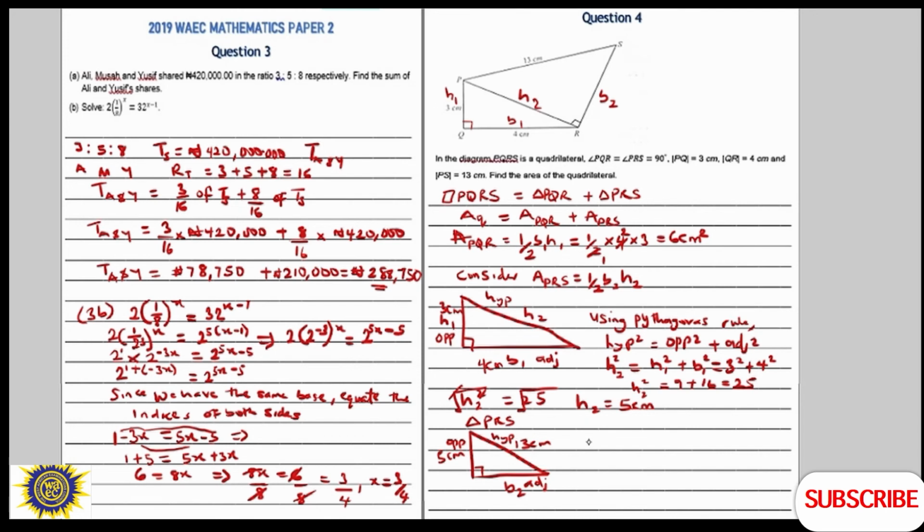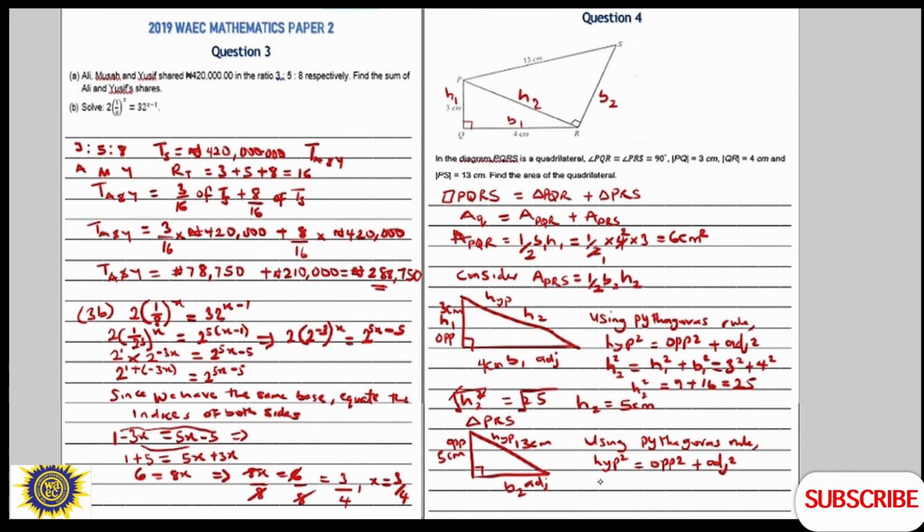So using Pythagoras rule or theorem as well, we have the hypotenuse square equal to opposite square plus adjacent square.